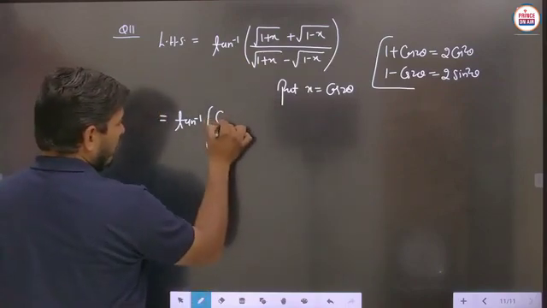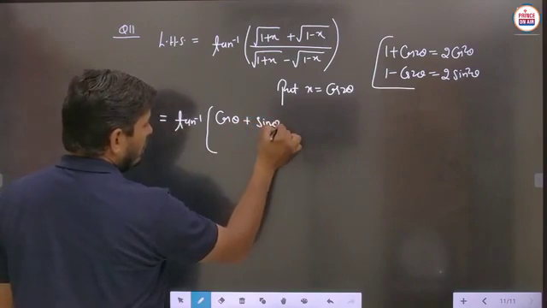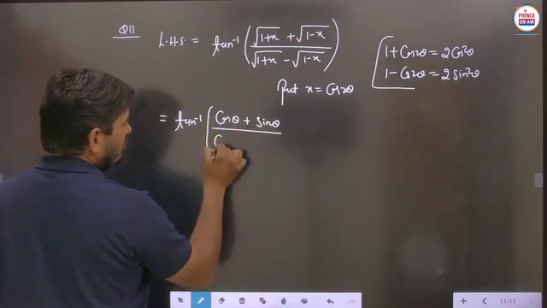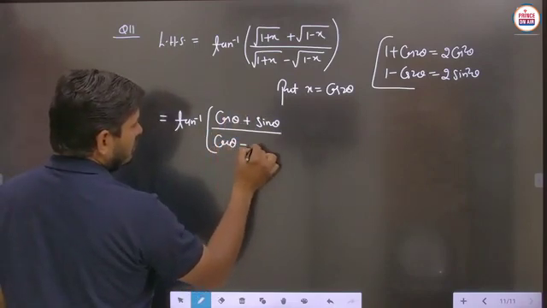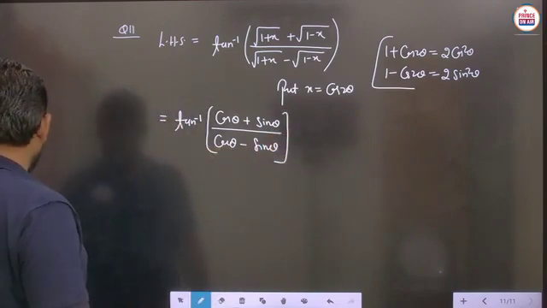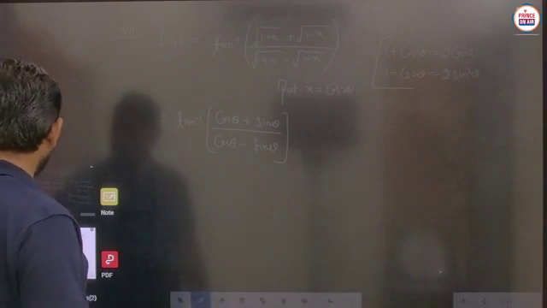So finally we will write the expression as cos theta plus sin theta, divided by cos theta minus sin theta. Is it clear? Now you can see the question, because there may be some confusion about the plus or minus sign here.